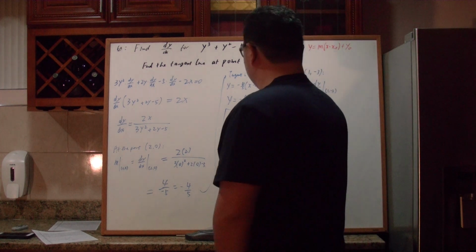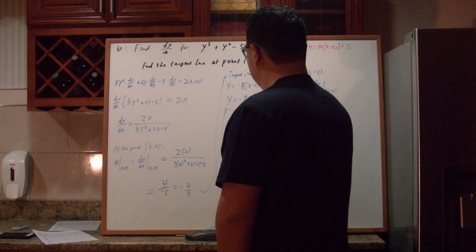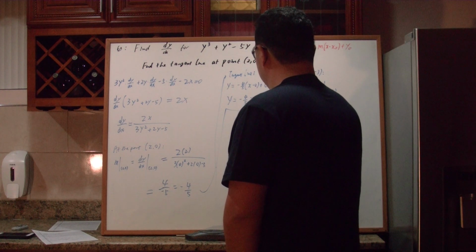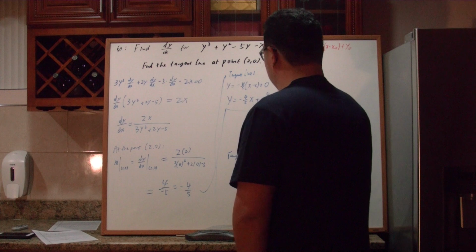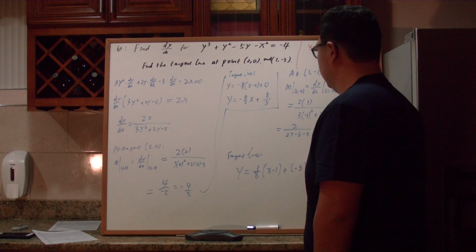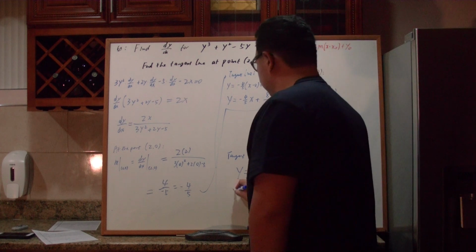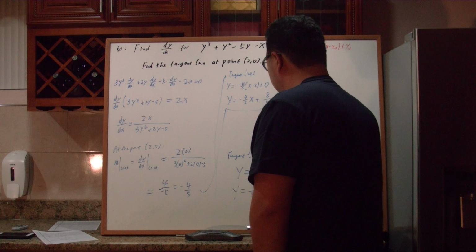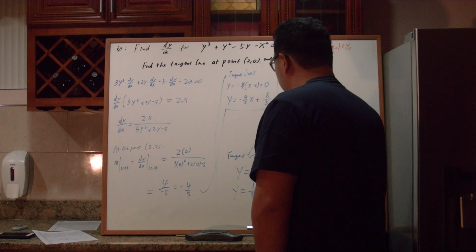So the tangent line has the equation y equals slope times (x minus 1) plus the y value, negative 3. That is 1/8 x minus 1/8 minus 3.